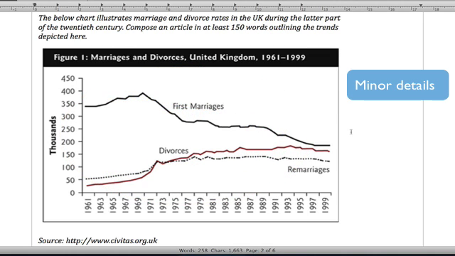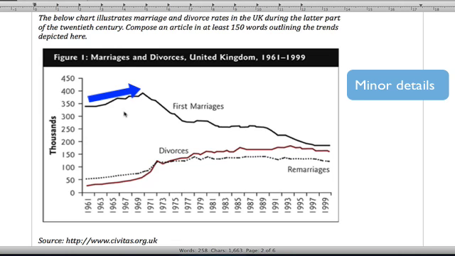The minor details among these trends are a little easier to define, as there are segments of clear direction within each trend in this graph. So first marriages, for example, show modest increase between 1961 and 1970. So this would be our first minor detail.